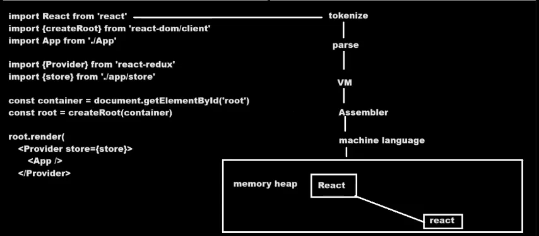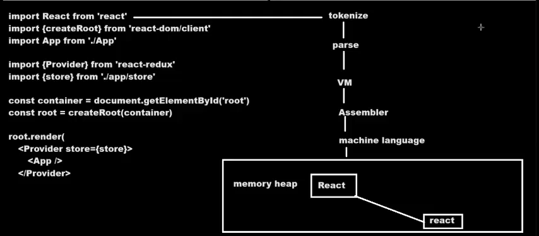Index.js goes in JavaScript engine and would be processed. At first, import React from React. It is first statement by statement. First statement goes to tokenize, parse, virtual machine, assembler, machine language.